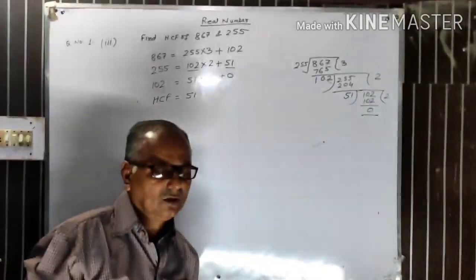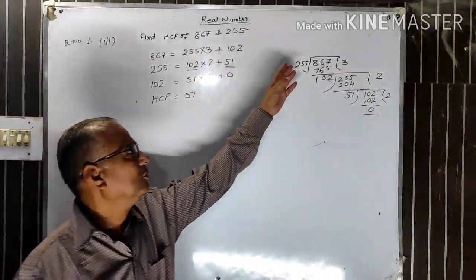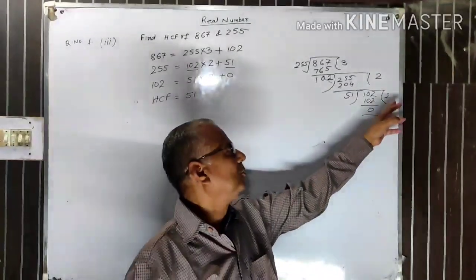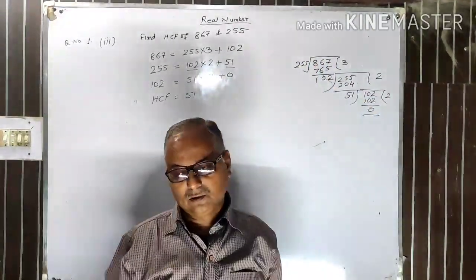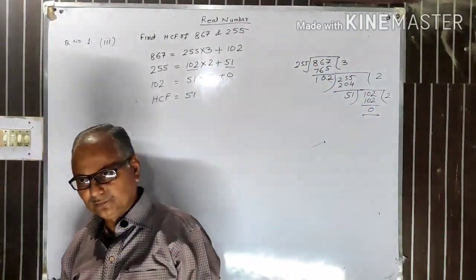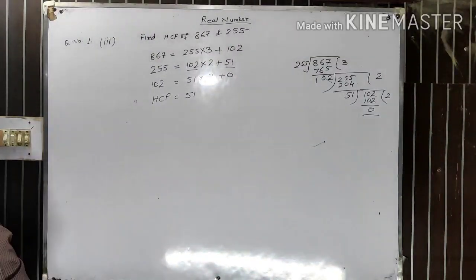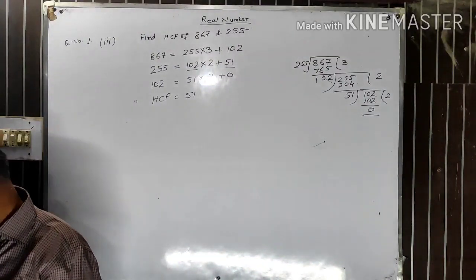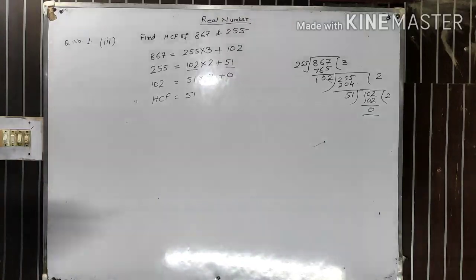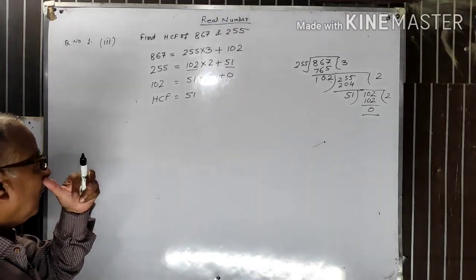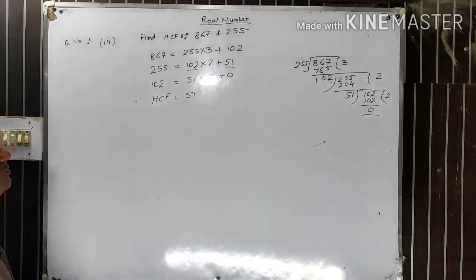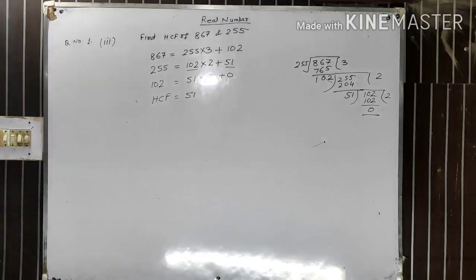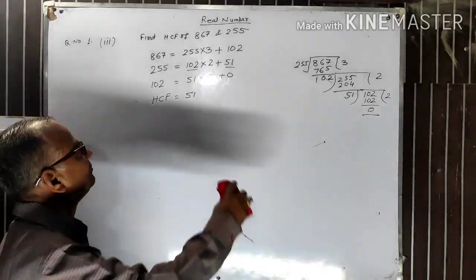These are easy, but if you want, you can do it on your rough work. This is how we calculate the HCF of two numbers by Euclid division lemma.